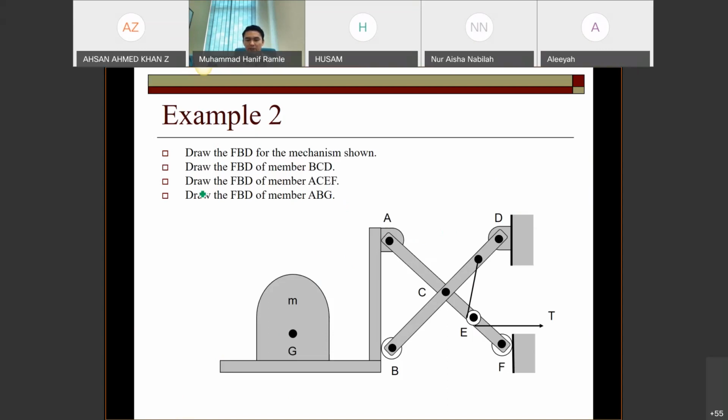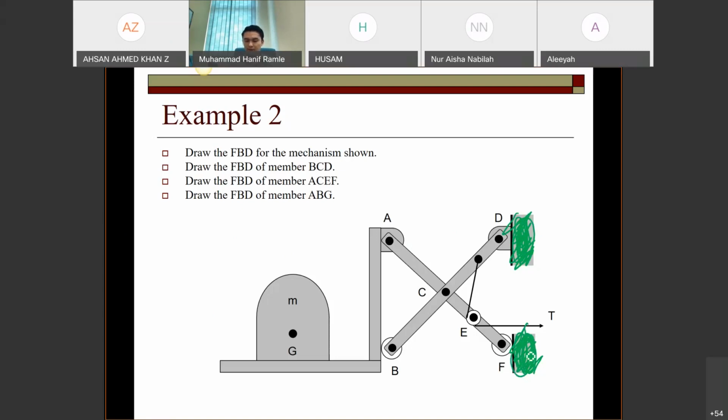The first thing that you have to do is only consider the mechanism, the overall system, excluding the external body like the wall there. You have to exclude this from the system, and then keep the overall system only in your FBD.